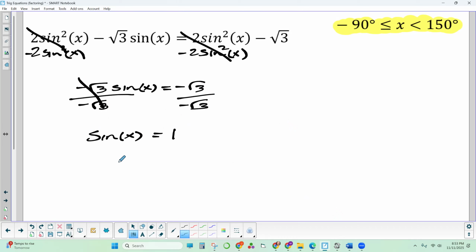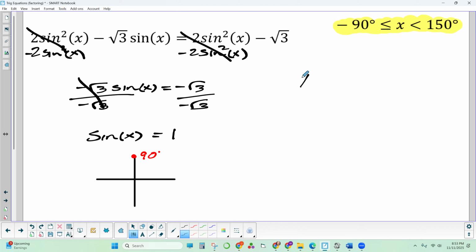So I'm looking for angles where sine is 1. And there's only one angle in my 0 to 2 pi principal set of angles here, and that is pi over 2, or 90 degrees in this case, because we are looking at degrees.